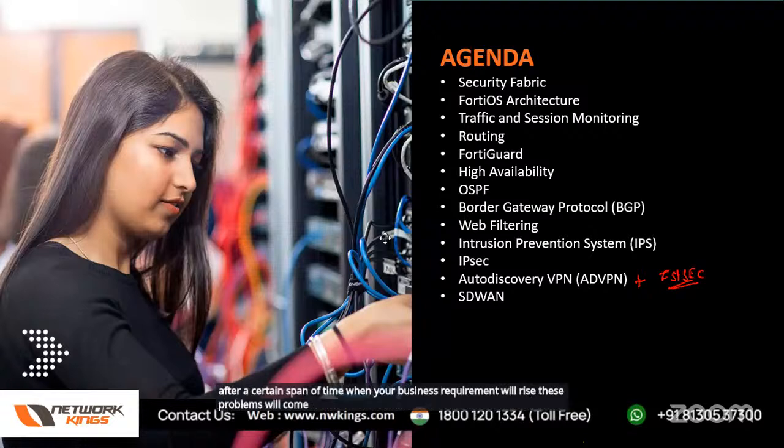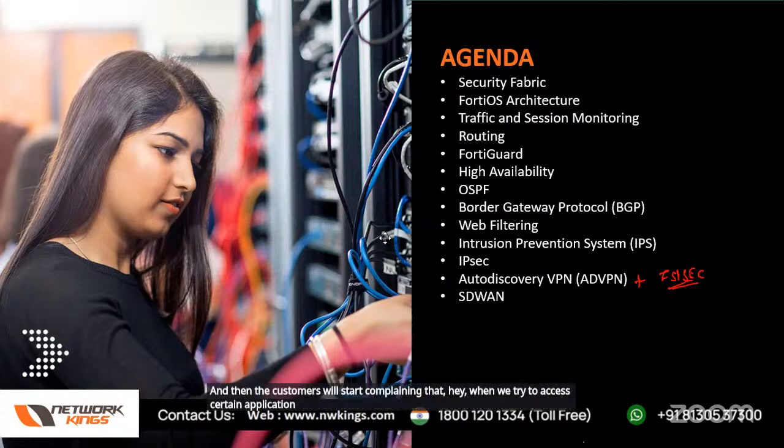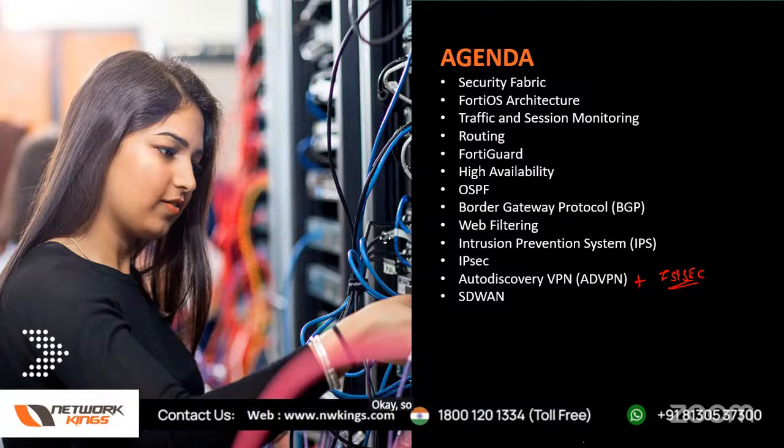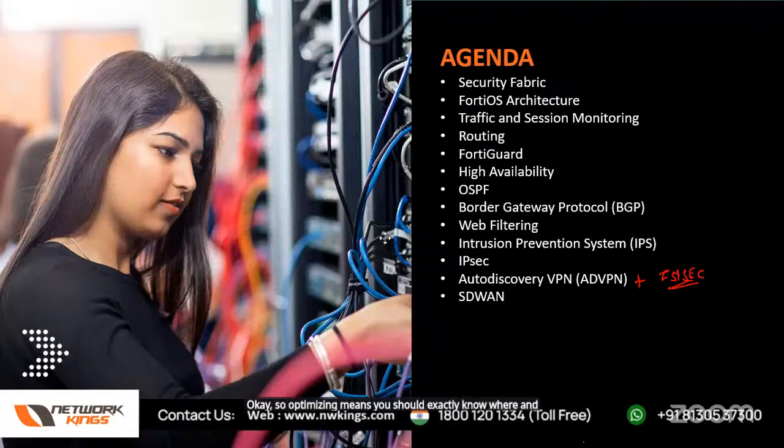You will see that your network traffic is slow, and then the customers will start complaining that when they try to access certain applications or services, it is very slow compared to if I remove your firewall. So that's not the problem of the firewall. That's the problem of the person who did the configuration. You must optimize the configuration. Optimizing means you should exactly know where and why you need to put something.